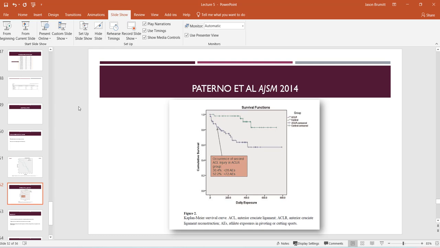Here's one from Mark Paterno. He's a physical therapist, does a lot of research in ACL injuries. And what's valuable from here, he's able to, in this Kaplan-Meier survival curve, illustrate the occurrence of second ACL injury and basically highlight what percentage of people had a recurrence by their 20th athletic exposure.